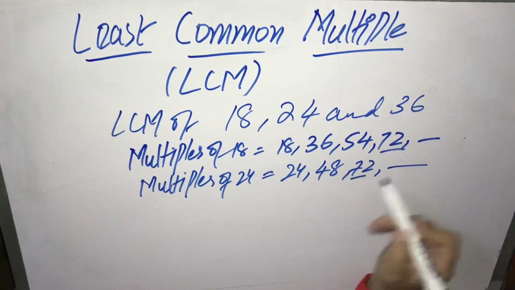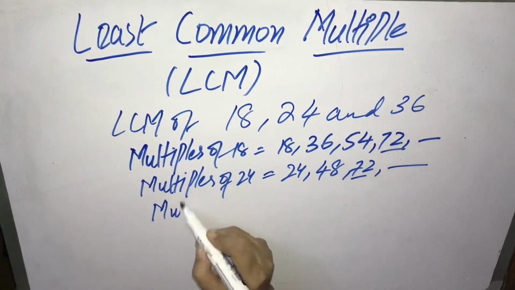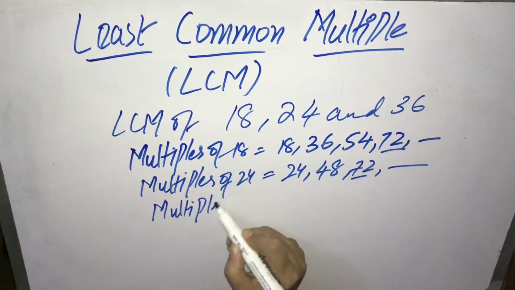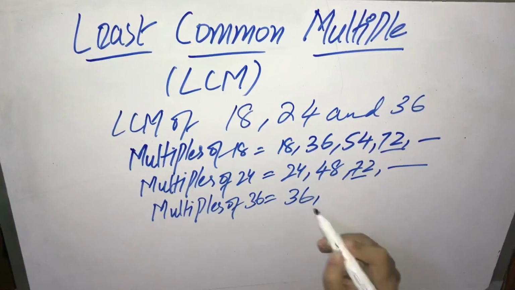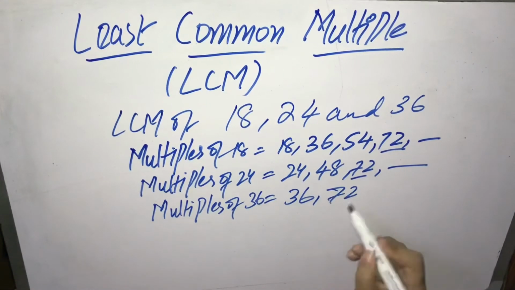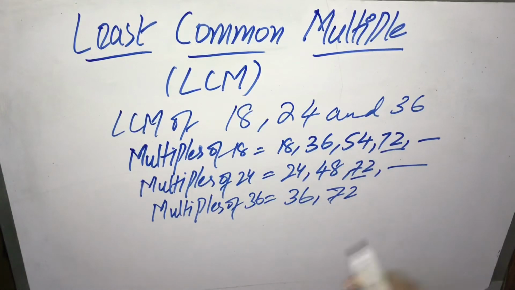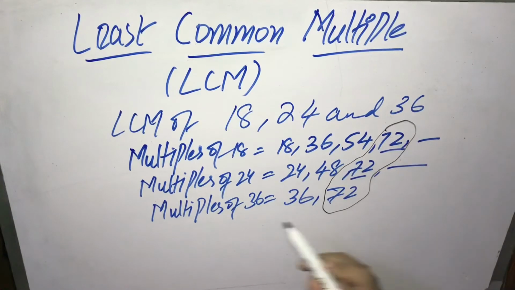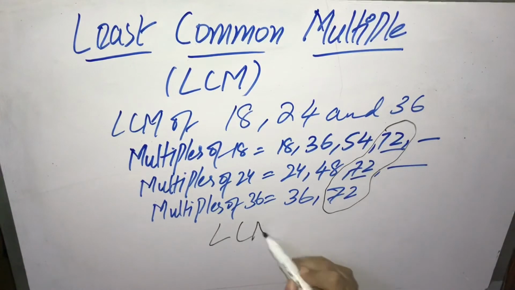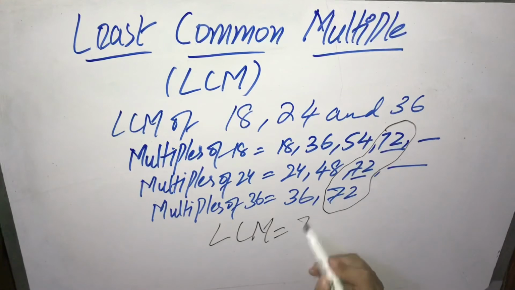As we know the answer, so I am stopping here, not doing more multiples. Multiples of 36, 36 1s are 36, 36 2s are 72. So this 72, from the multiples method we can find the multiple like this. This is the least common multiple of these three.